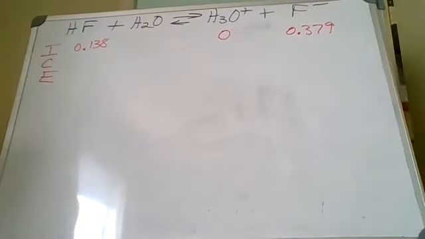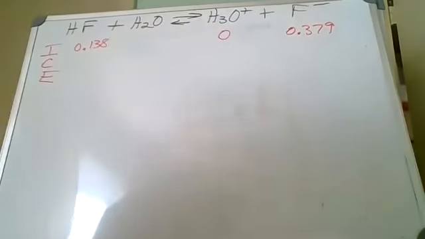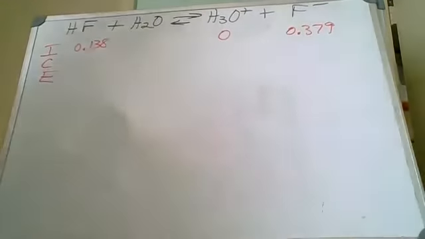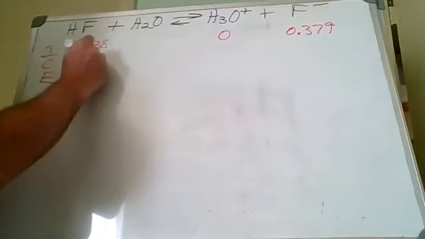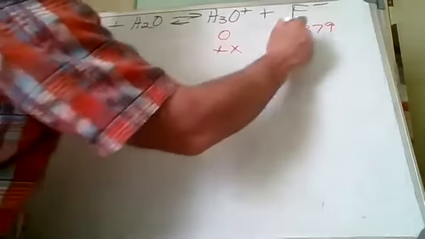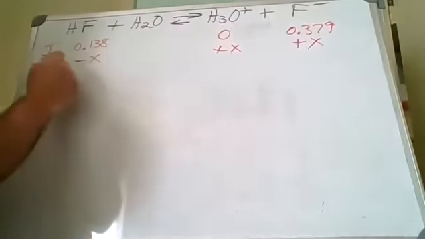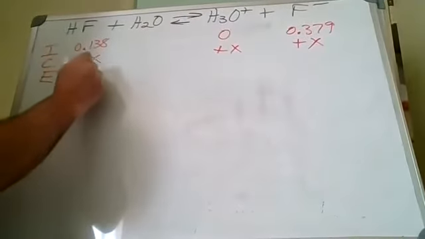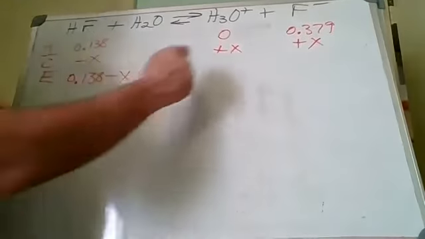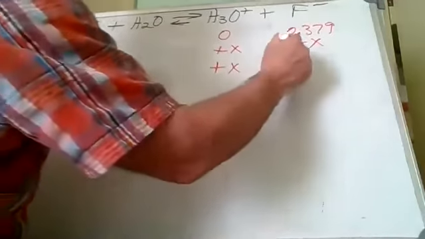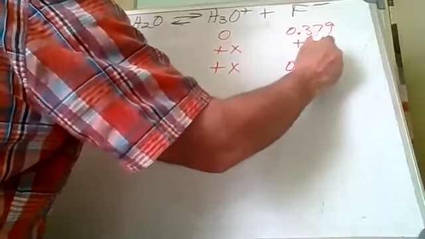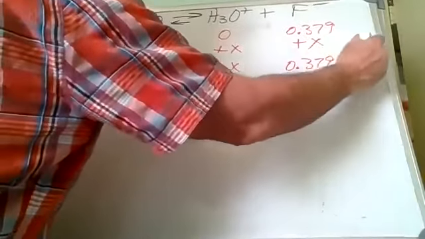Someone check and please make sure I don't have those reversed. Actually, I know they're not. Yeah, that's good. This is going to be minus x, plus x, plus x. And then this will be 0.138 minus x, same as always, we've been doing this a while, and 0.379 plus x.